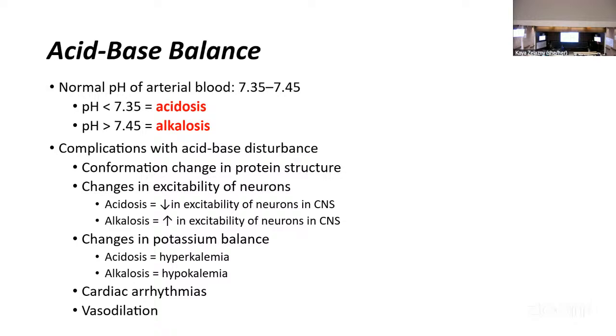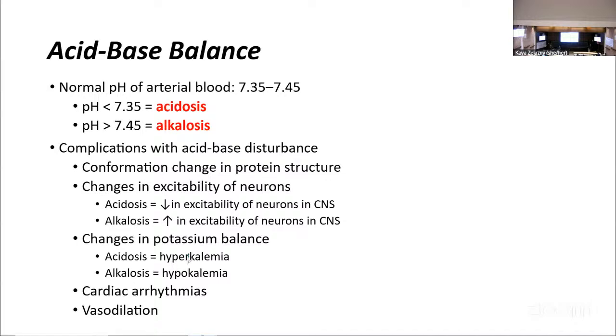So hyperkalemia. Look at that K in the middle. K is for potassium, and potassium ions are K plus. Too many potassium ions tends to be a problem that goes along with acidosis. Too few, hypokalemia, goes with alkalosis. We'll talk about potassium balance at the end.